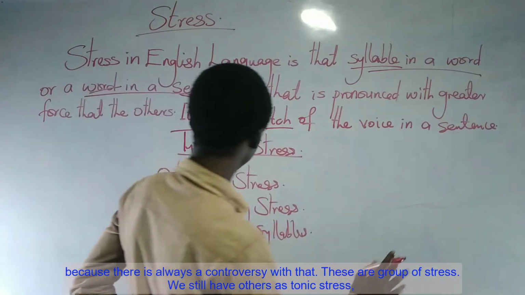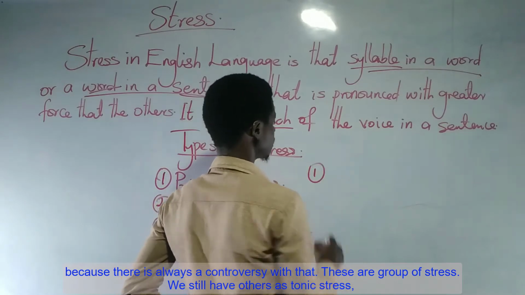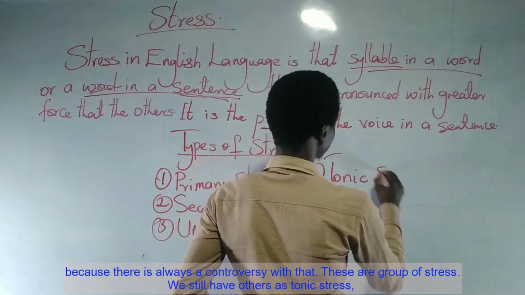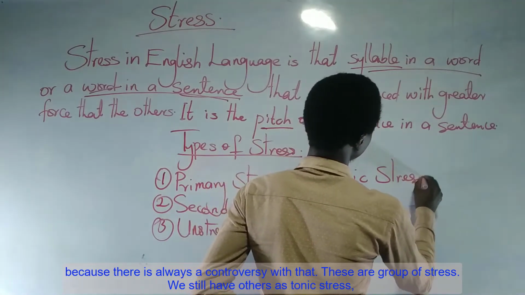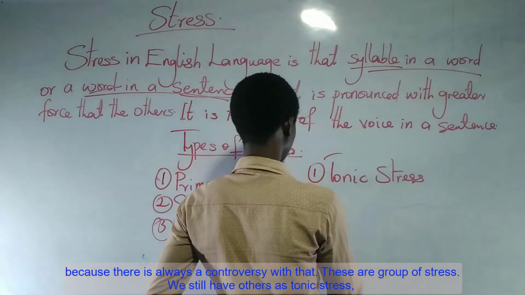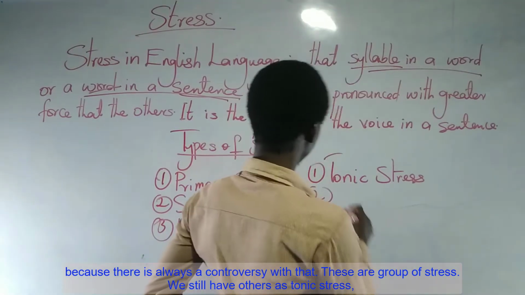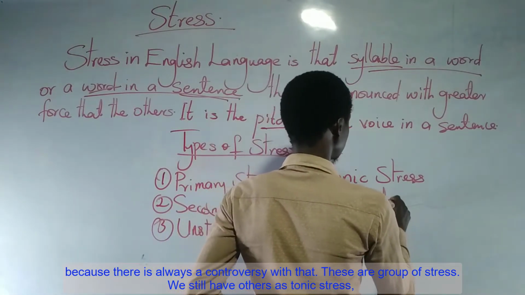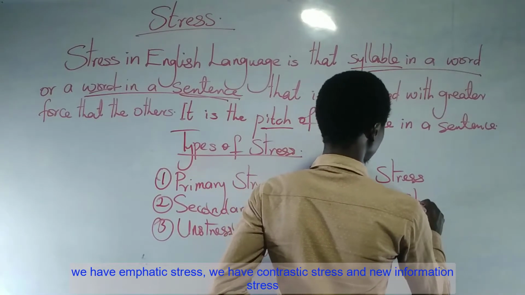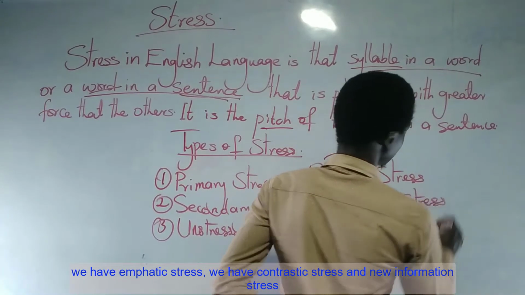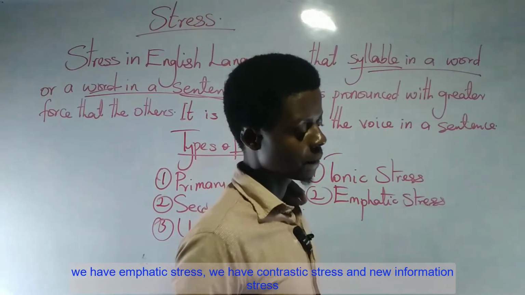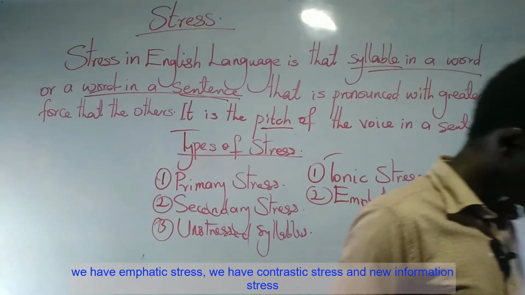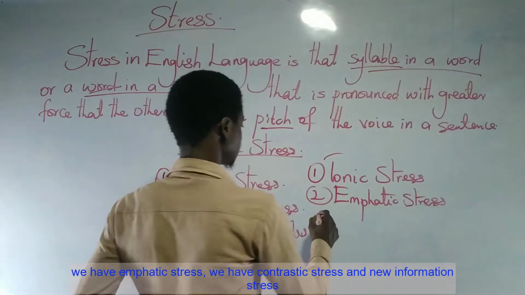But you can see I have another group. Number 1, tonic stress. Number 2, we have emphatic stress. We have contrastive stress and new information stress.